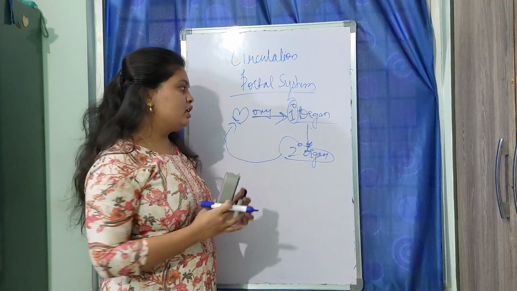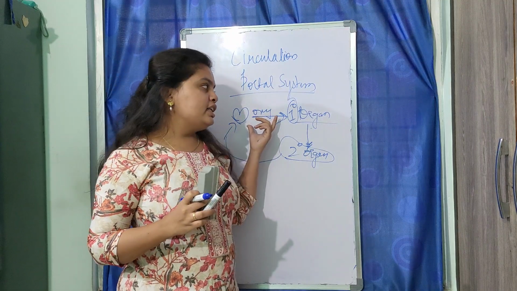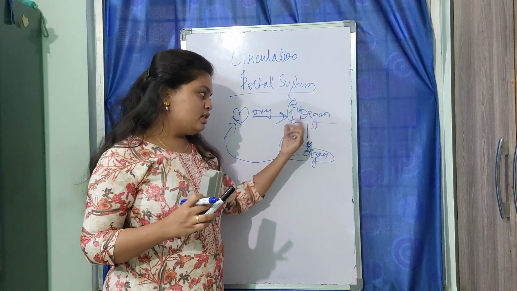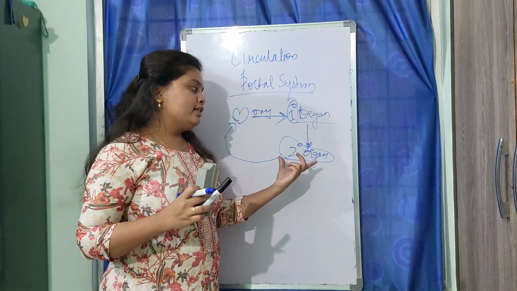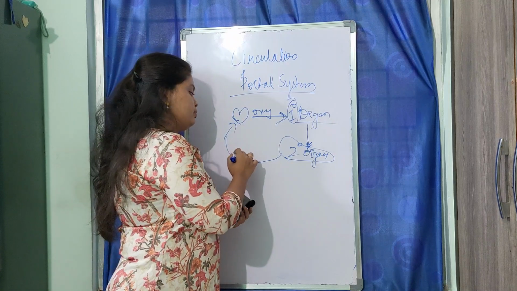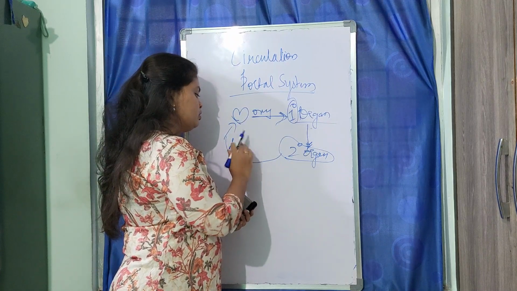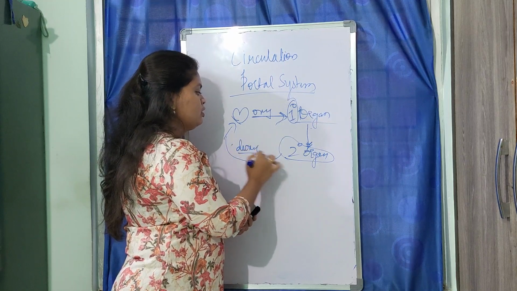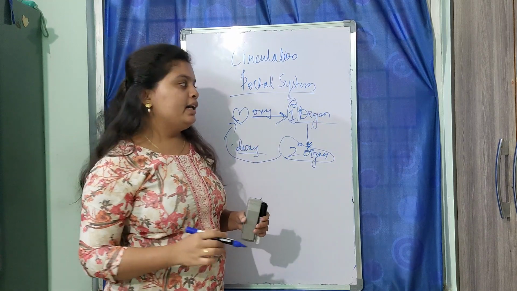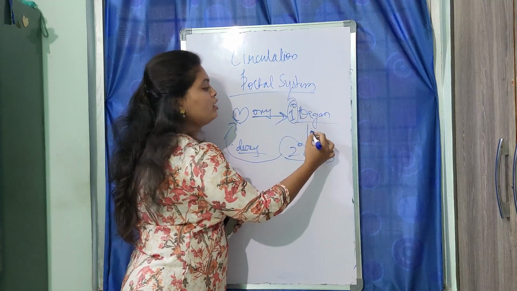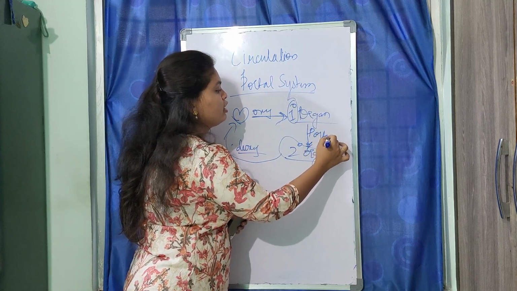So the heart sends oxygenated blood to the primary organ, this primary organ sends the blood to the secondary organ, and this secondary organ sends it back to the heart. This is what happens in a portal system, and the blood is sent from the primary organ to the secondary organ by a portal vein.